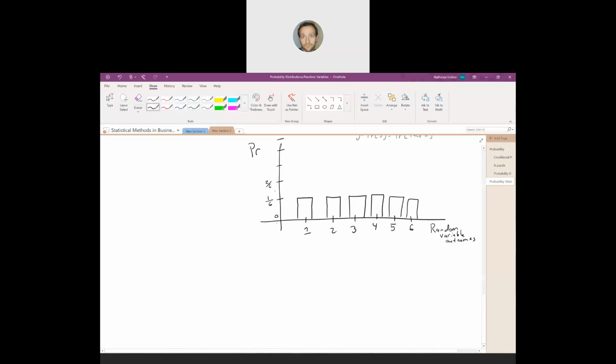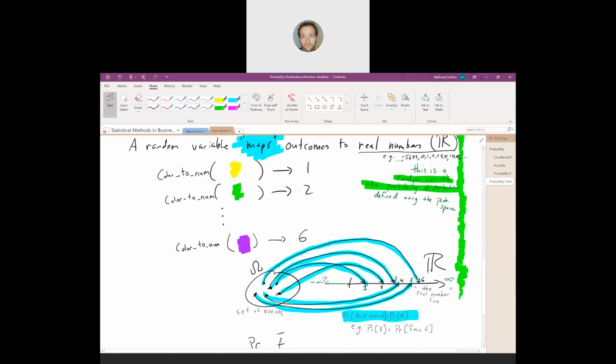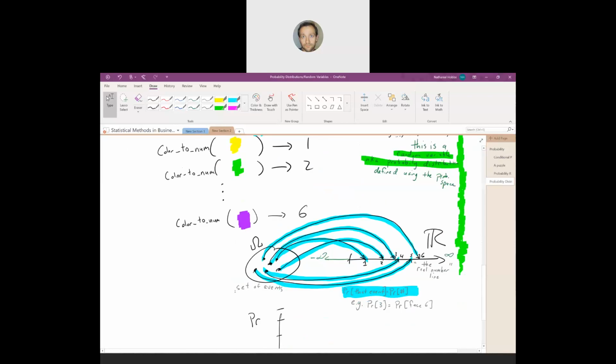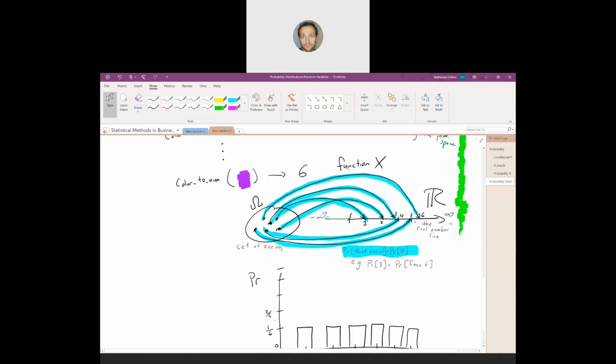So here, let me call this function x. So this is a function, this is a random variable, this is a probability distribution. All of the same things.